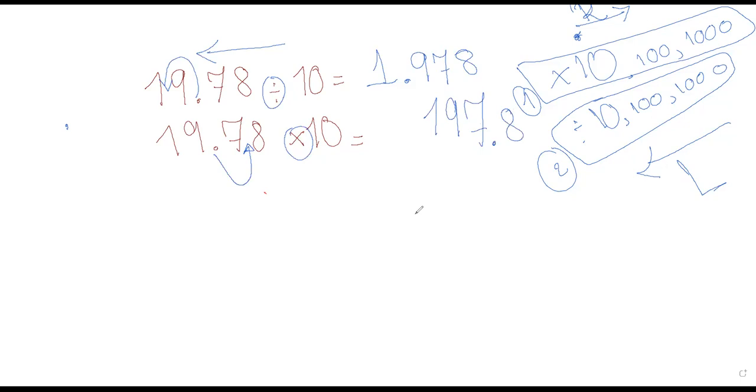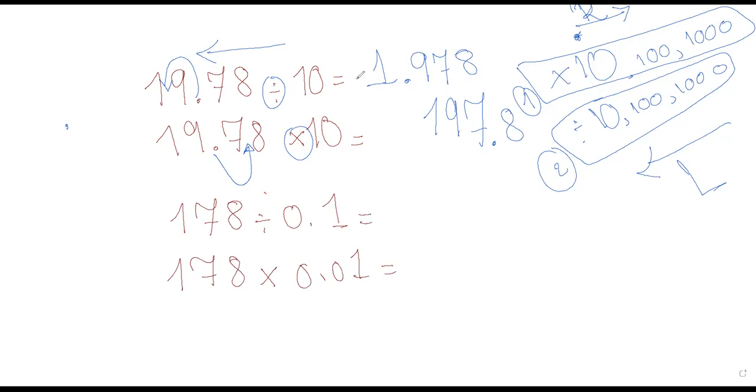Is it clear? Teacher, and when we have a decimal number like... Now when we have 178, it's not a decimal number, it's a whole number divided by a decimal number 0.1, or the same number multiplied by 0.01. When we see decimal numbers, what shall I do? 0.1, 0.01. How do we do it mentally?